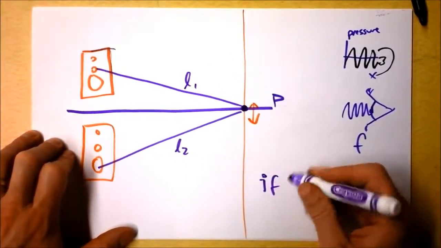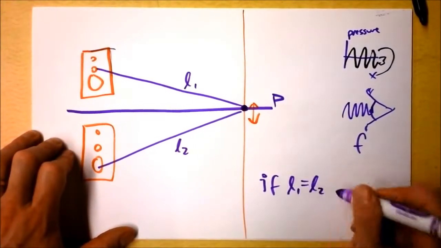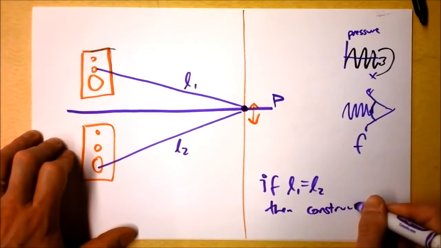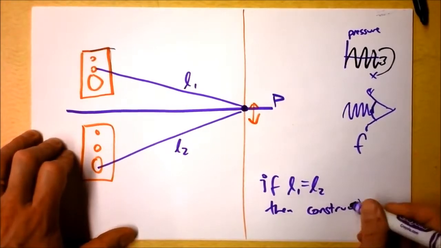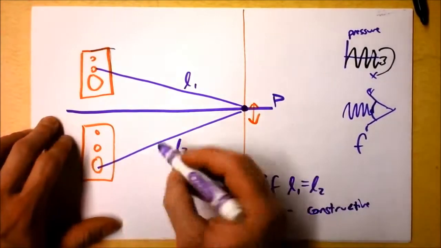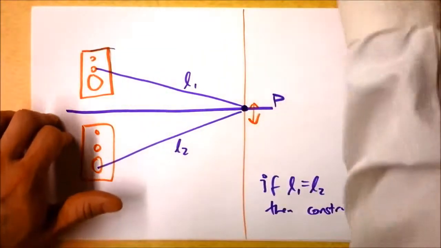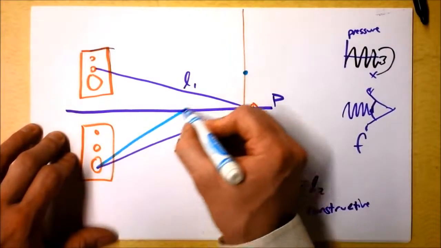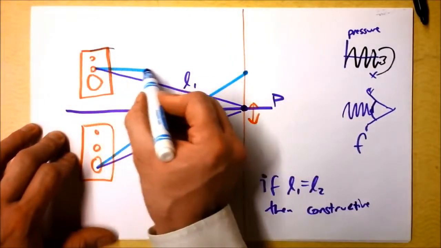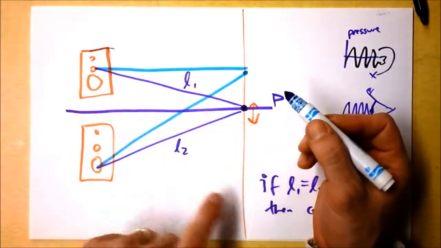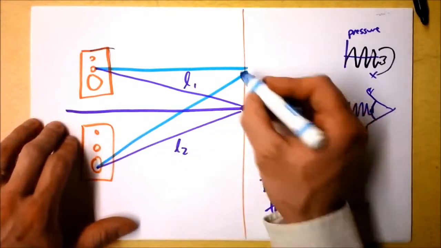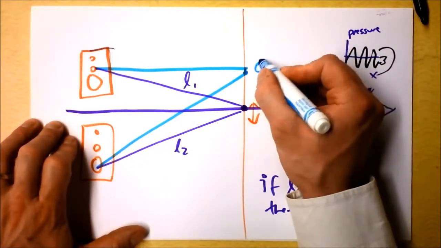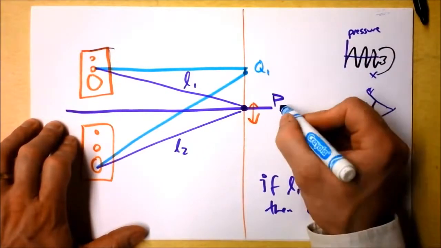Here's my first statement: if L1 equals L2, then constructive interference. Cool? And I also want to say that, oh, wait a second, let's get another one. Let's move to a location right here. Notice how we've gotten a little closer to one and a lot further from the other one. If this location, we could just call this Q1. You want to call that P1?